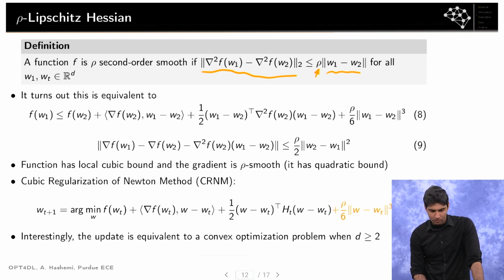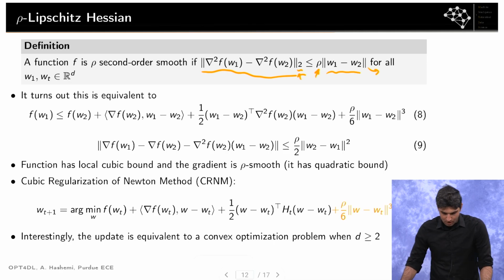One side note about these norms. Here we are talking about the Euclidean norm, but the L2 norm of a matrix is basically the maximum eigenvalue of the matrix, as long as our matrix is symmetric, which the Hessian is. So this means we are talking about the maximum eigenvalue of the difference of the Hessian at W1 and the Hessian at W2.